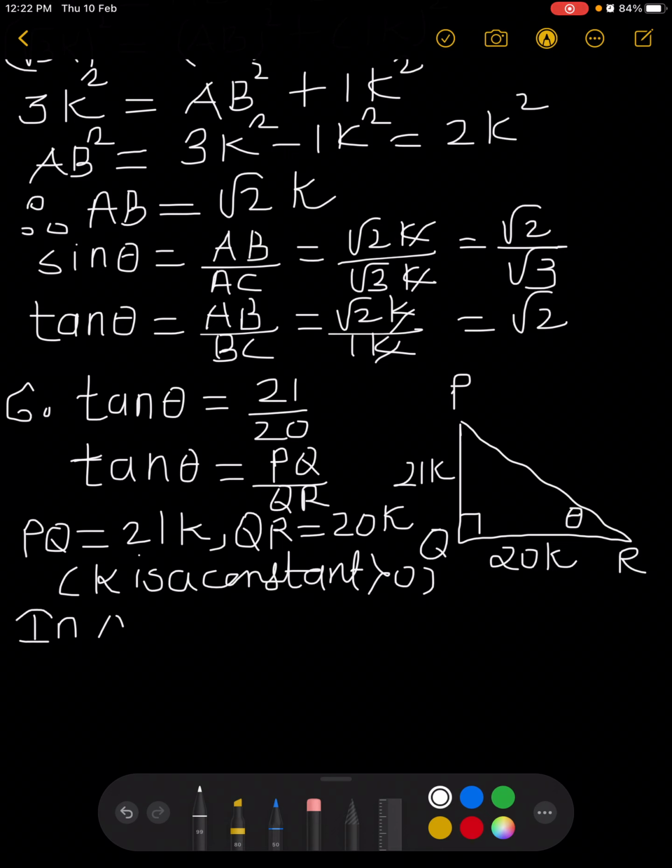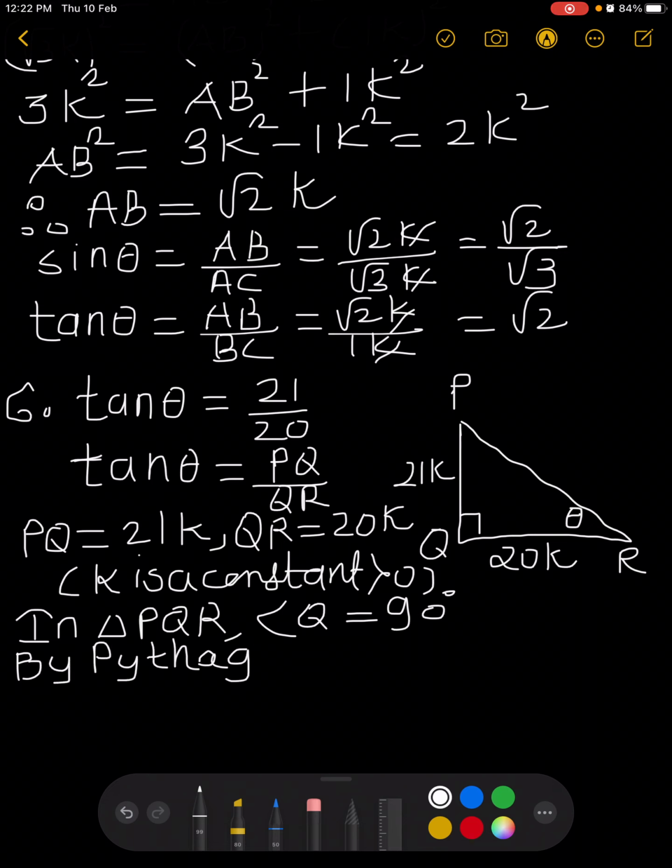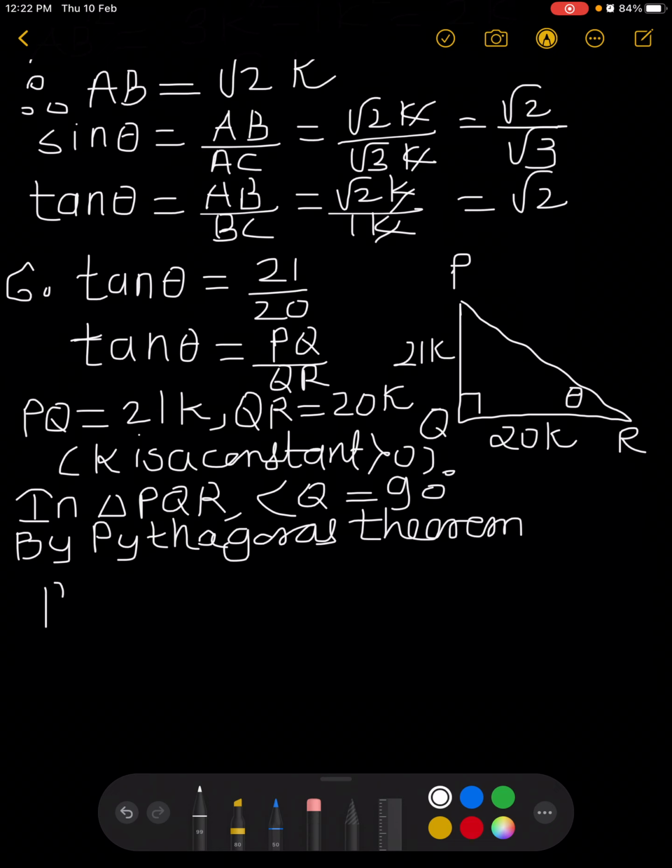In triangle PQR, there is one angle Q of measure 90 degrees. Let us apply Pythagoras theorem. For the given triangle, the hypotenuse is written PR square, equal to one side PQ square plus other side QR square.